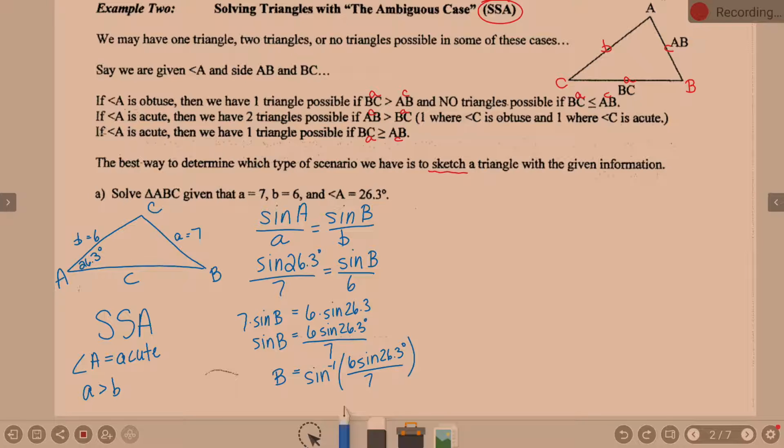how do I do this on my calculator? Do we know? How do we do this on the calculator? We don't want to do the sine of 6 over sine 26.3. We want to do what?